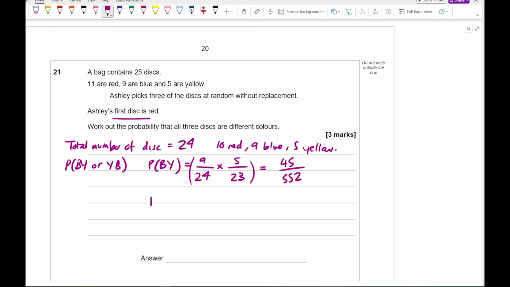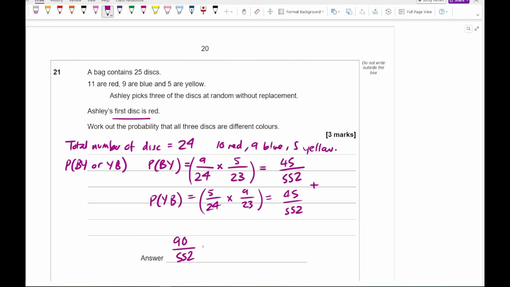Then if I work out the probability of yellow and blue, well, that's going to be 5 over 24 multiplied by 9 over 23, which gives me the exact same fraction of 45 over 552. So all I then need to do is simply add those two fractions together, in which I get 90 over 552, which I can leave as a fraction.